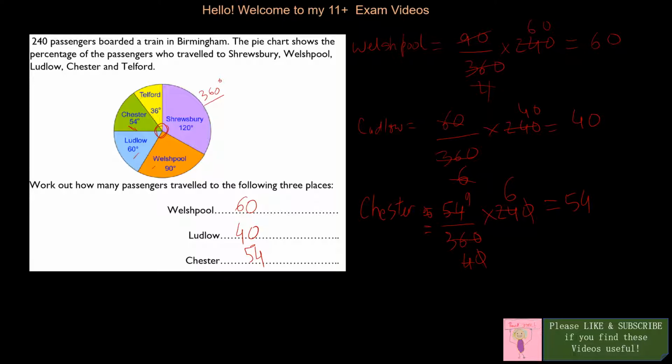I hope I'm right. 54 divided by 360, 9, and then yeah, looks correct.